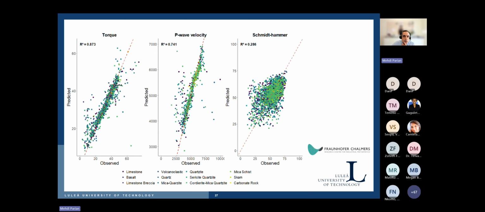The data points are also color-coded based on the rock types. So if you compare different graphs for predicted torque based on the XRF assays, and P-wave velocity and Schmidt hammer, the best correlation we see is with the core sawing torque. The next best is P-wave velocity, and the last one is Schmidt hammer.